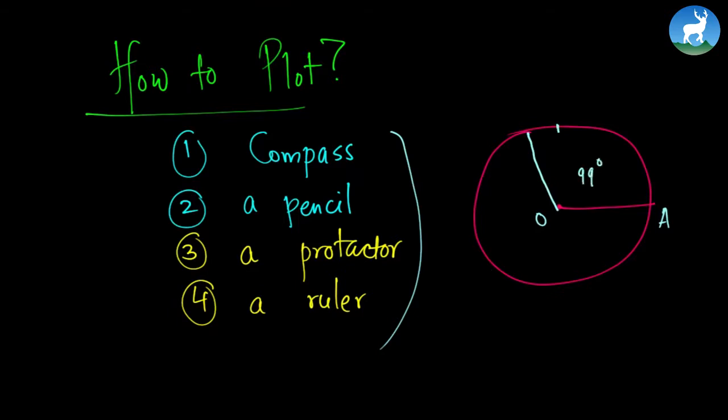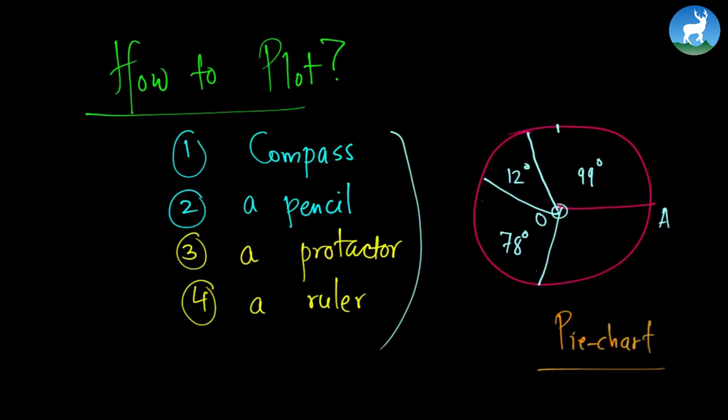Now from here you can draw 12 degrees. Likewise, you can go on drawing. Let's say this is 78 degrees. Whatever you get, the final product is what you call a pie chart. And don't forget to give special symbols and to draw a legend or an index. That is how you would plot a pie chart.